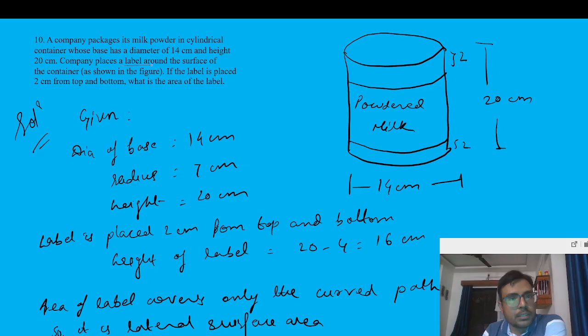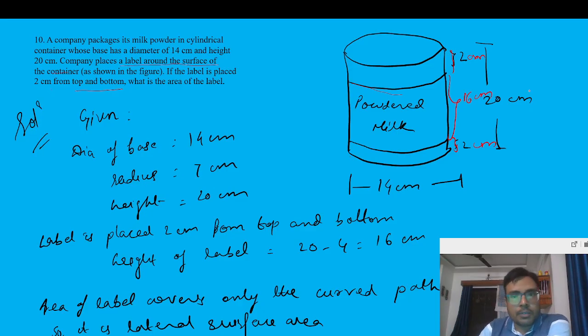The company places a label around the surface of this container, not on the top, not on the bottom, on the surface of the container. Okay, if the label is placed 2 centimeter from top and bottom, so this is 2 centimeter from top and this is 2 centimeter from bottom. So in this part, this part is 20 less 2 to 16 centimeter.